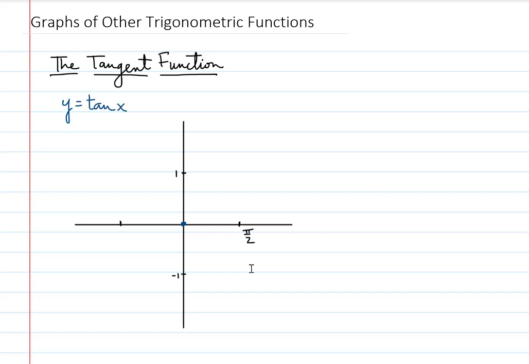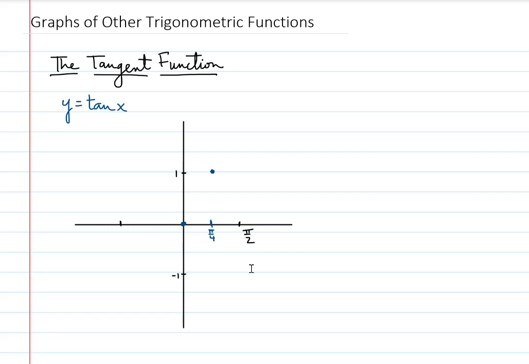And let's keep plugging in more points here. I've labeled this to be my pi halves. What about pi fourths? So what's tangent of pi fourths? If you look at your unit circle, square root of 2 over 2 divided by square root of 2 over 2, that should give you a nice 1. And we keep going, right?